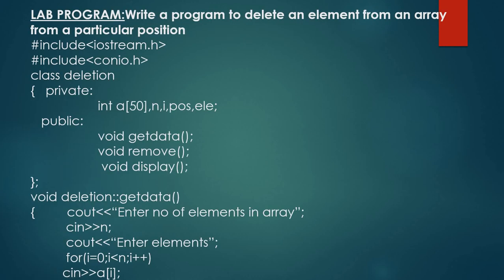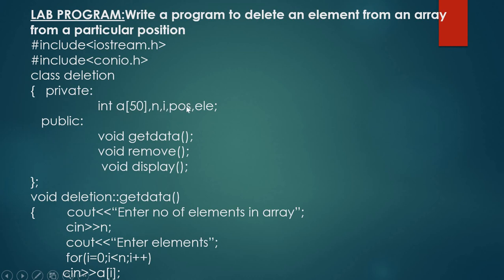See the lab program. Write a program to delete an element from an array from a particular position. See, hash include iostream.h, hash include conio.h. Class deletion, the class name is deletion. Here the data members are one array, A of 50, then n is the number of elements, and I is a variable for the for loop.